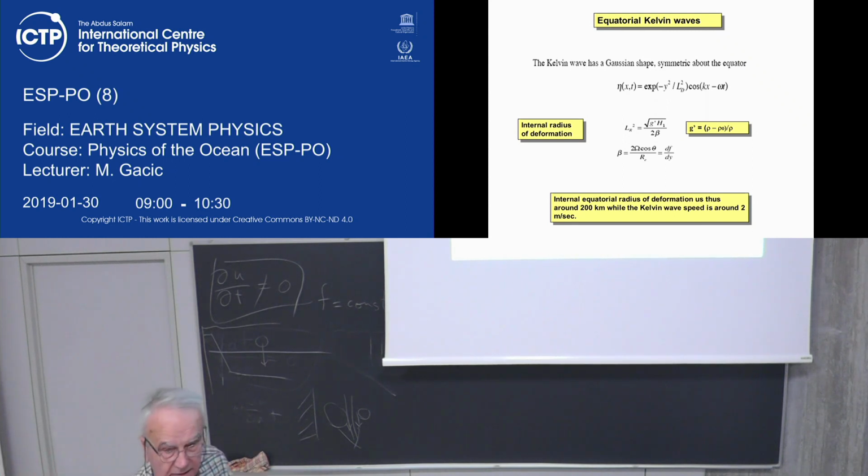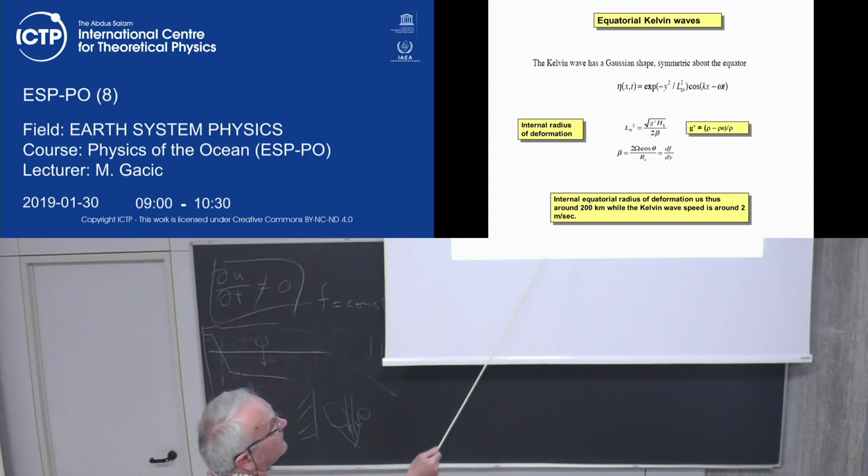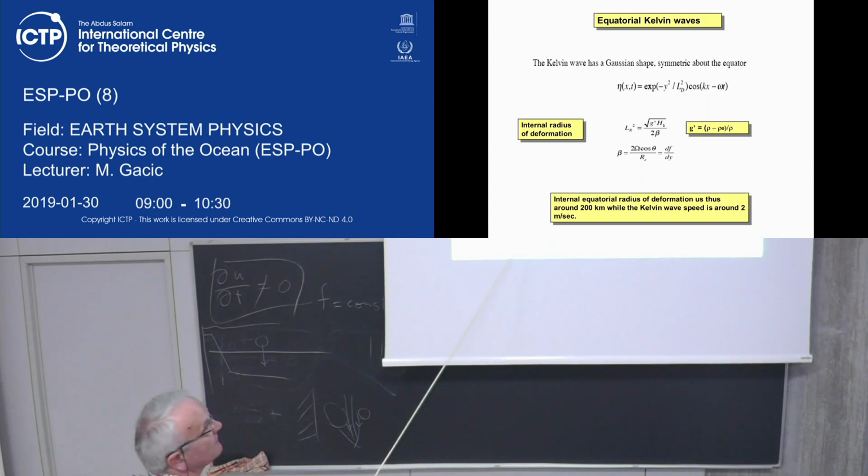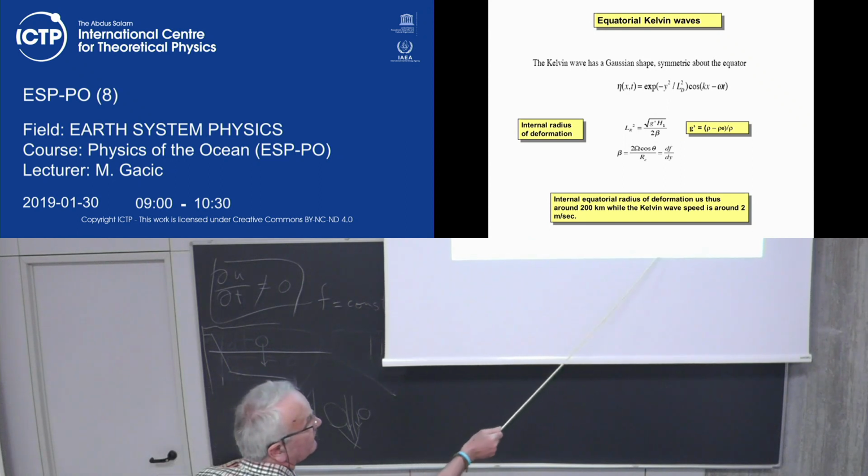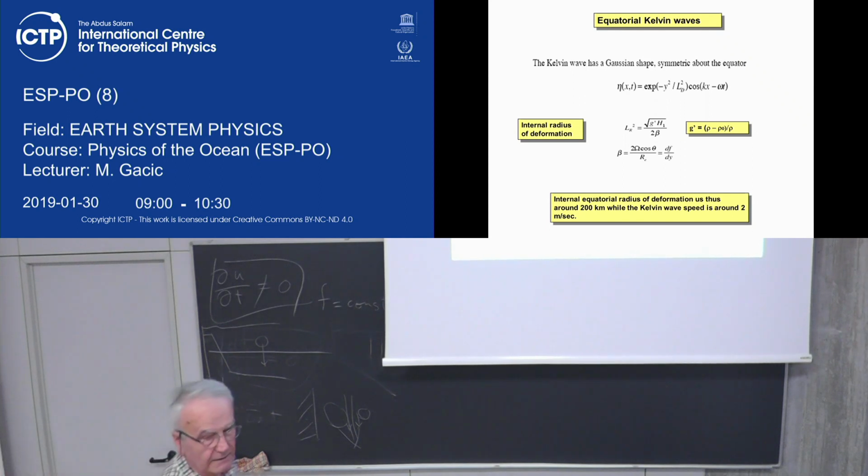So we have equatorial Kelvin waves and coastal Kelvin waves. Here the internal radius of deformation is around 200 kilometers, while the Kelvin wave speed is around 2 meters per second. It's a pretty high speed if you think in terms of wind speed, which is 10 meters per second, so quite almost the order of the wind speed. These are very fast waves, but very long, with wavelengths on the order of hundreds of kilometers.